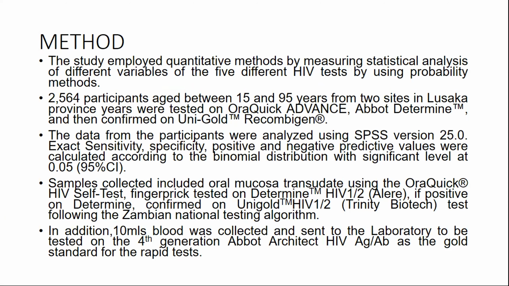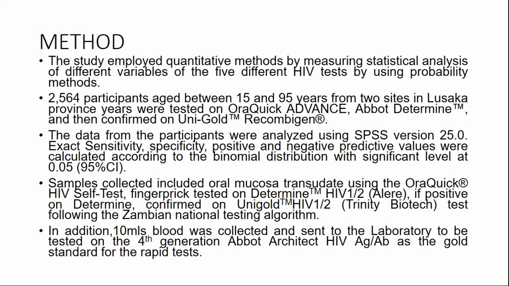The study employed quantitative methods by measuring statistical analysis of different variables of the 5 different HIV tests by using probability methods. So 2,564 participants aged between 15 and 95 years from 2 sites in Lusaka province were tested on OraQuick Advance, Abbott Determine, and then confirmed on Unigold recombinant.